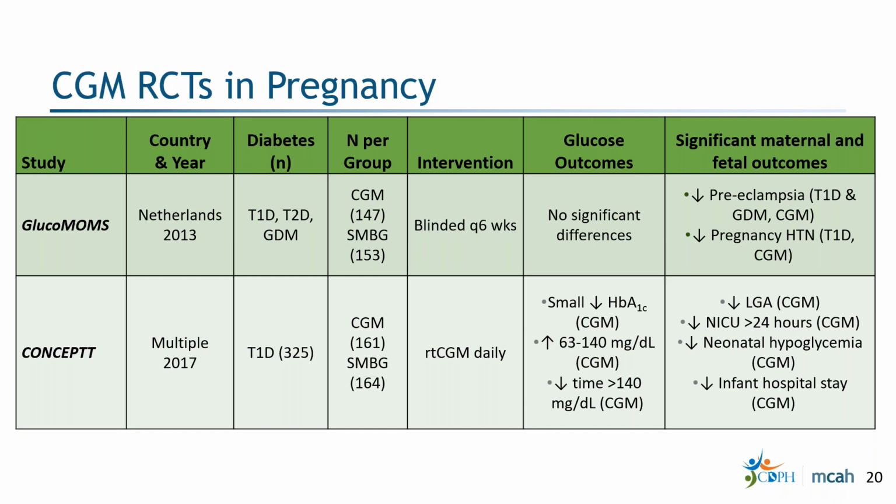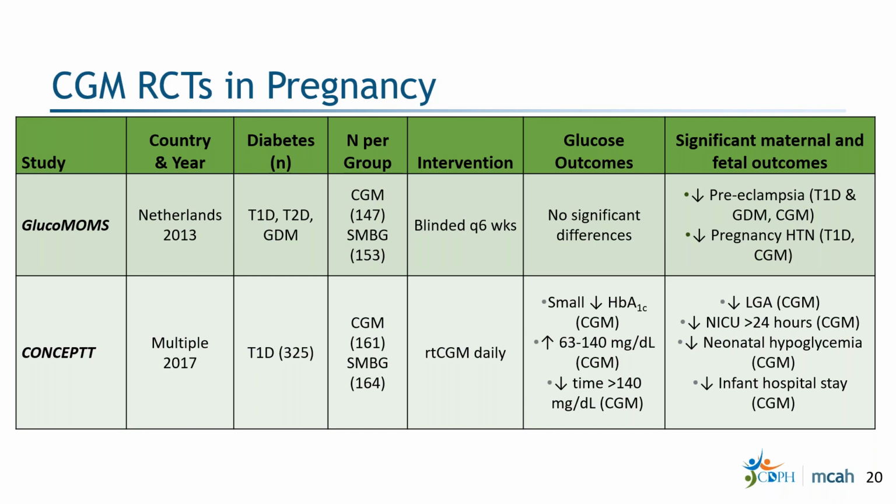And then the last one, and our most robust trial in pregnancy, is the CONCEPT trial. I'm going to spend some more time going through this in more detail. This is our most recent one, from 2017. This was specific to type 1 diabetes in pregnancy, and it used real-time CGM daily throughout the pregnancy. Kind of top line results, there was a decrease in A1C. There was increased time in the target range of 63 to 140, and decreased time over 140.